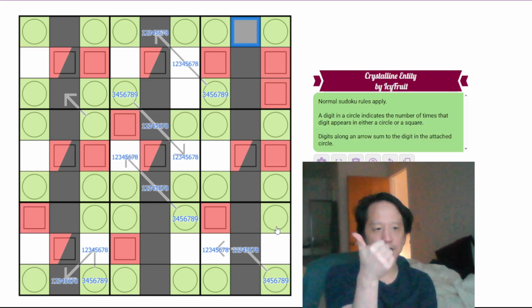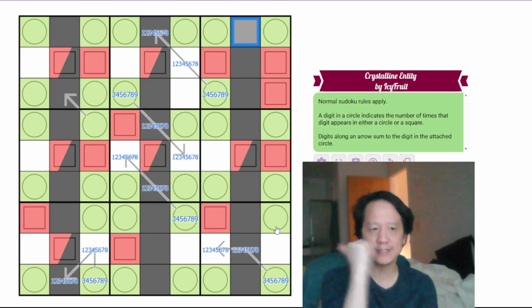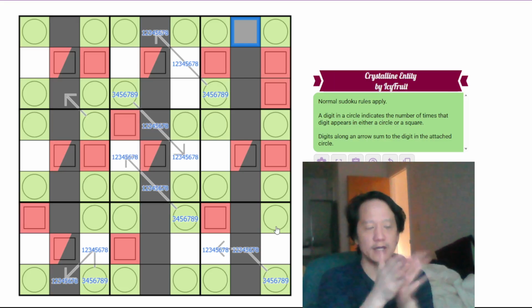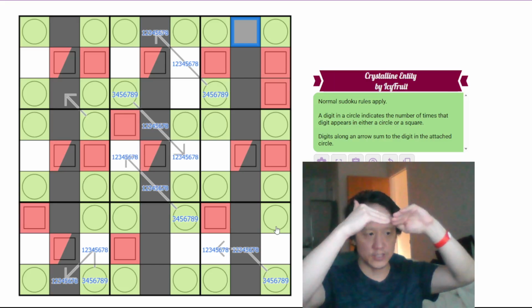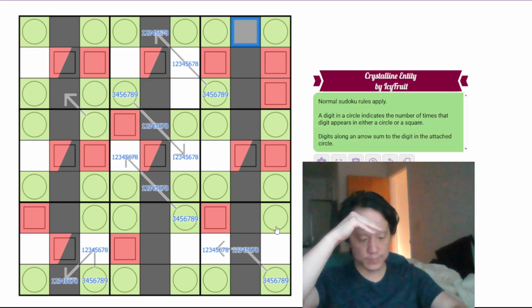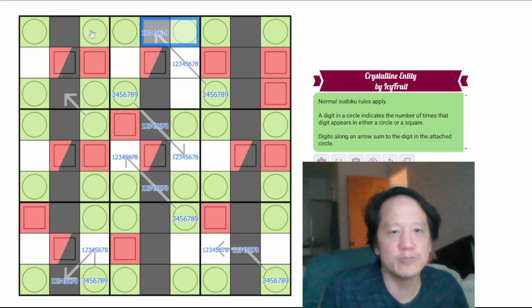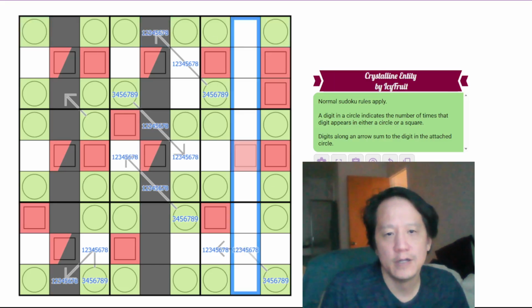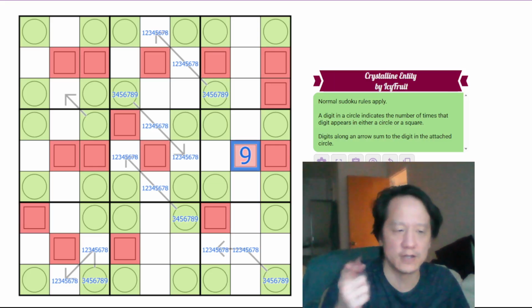So 9, no matter what, has to be in a circle. 8 is the same way. 8 by itself, you can only be in 9 squares overall because of the 9 digits. And bingo. So since 9 has to be in a circle, that means 9 has to be in this column. And it has to be in that square specifically.